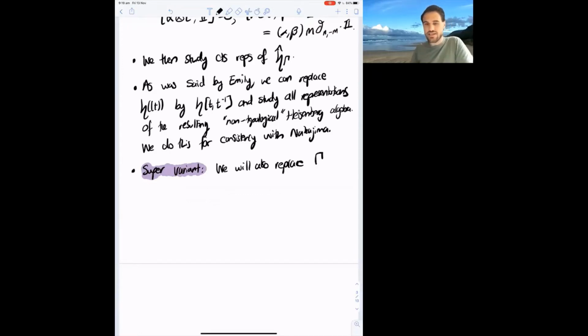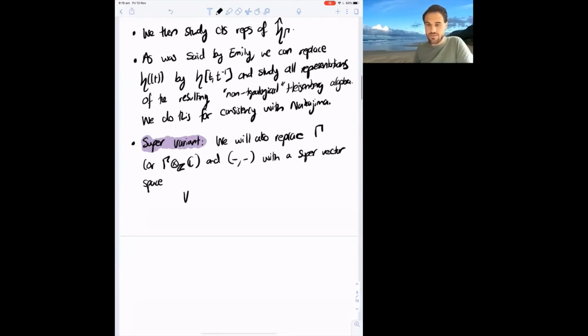the lattice gamma, or actually the associated vector space, with its bilinear form, with a supervector space. And a supervector space, in terms of its definition, is just a Z2 graded vector space. So it's a V which looks like V0 direct sum V1.